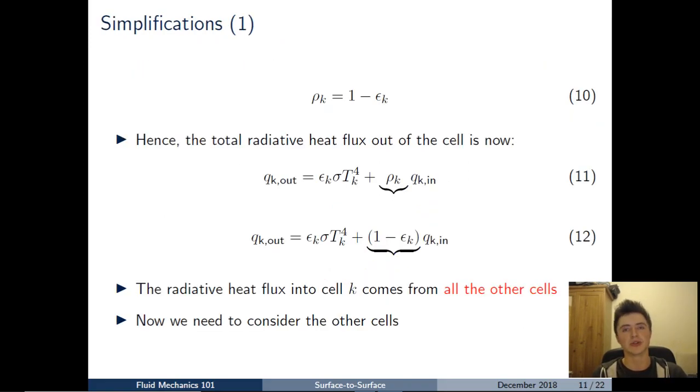The first thing we can do is substitute in that relation that we derived for the reflectivity of the cell, so rho is equal to 1 minus epsilon, and we can substitute that into our radiative heat balance, and that's going to give us equation 11.